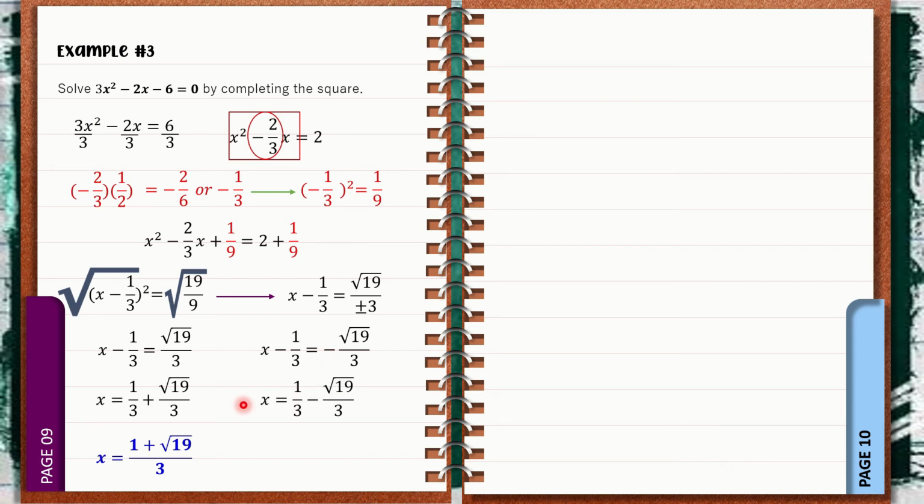So we get x is equal to 1/3 minus the square root of 19 over 3. In simplest form, we have x is equal to 1 minus the square root of 19 over 3. Then, those are the solutions for 3x squared minus 2x minus 6 is equal to 0.